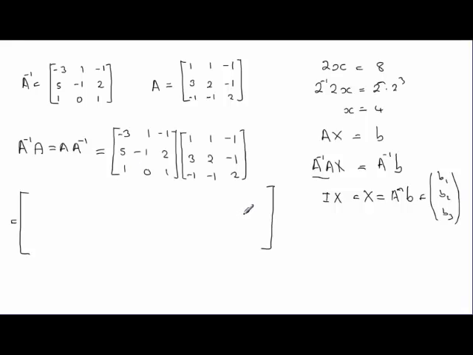Right. At this moment, I would advise you to put your pens down, especially those who don't know how to do this. If you don't know, first see how it's done, then try to imitate it. Note that this is a 3 by 3 matrix, and this one is also a 3 by 3 matrix. The number of columns in this matrix is equal to the number of rows in that matrix.